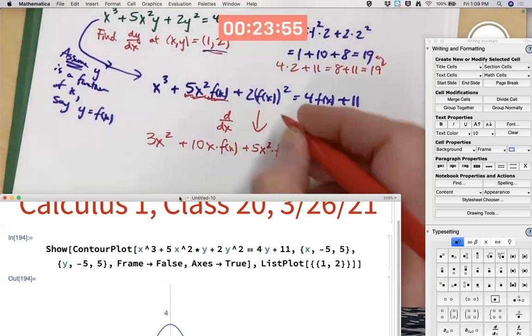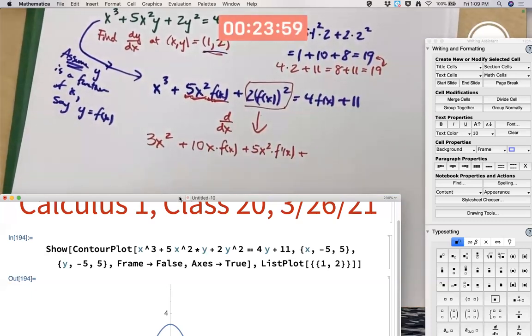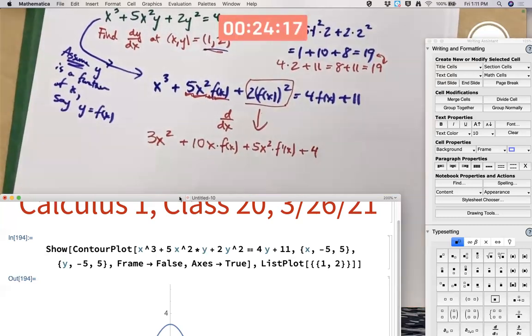And then with this one, I need the chain rule because I've got f of x quantity squared, and the 2 in front just goes along for the ride. With f of x quantity squared, f of x is the inside function, the squaring function is the outside function. The chain rule says, take the derivative of the outside, the squaring function, so I got to bring down the 2 in front. Multiply by 2, I'll get 4.